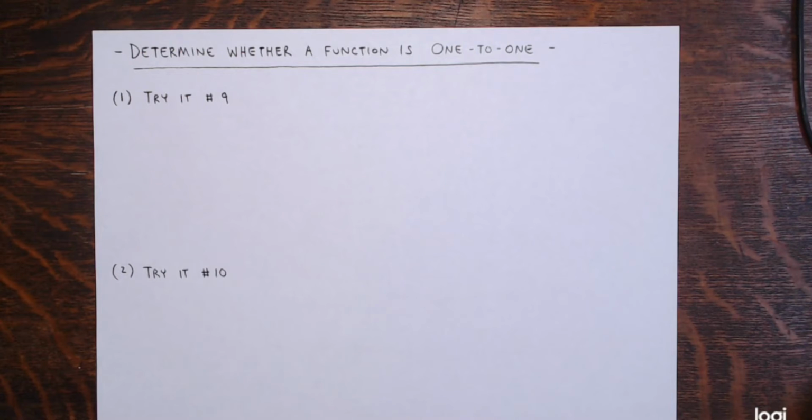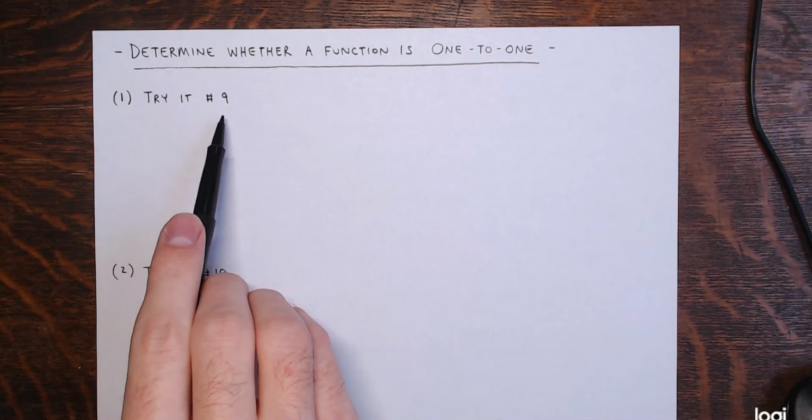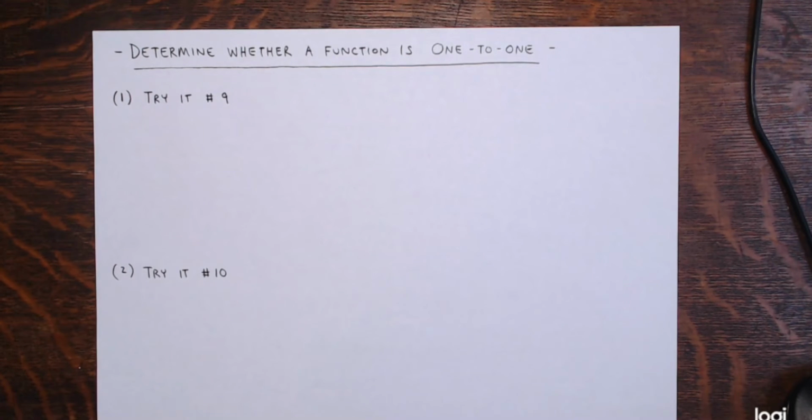So in my first example, I just wrote down, let's do try it problem number 9 from the text. But before I get to that, I want to talk about the definition.